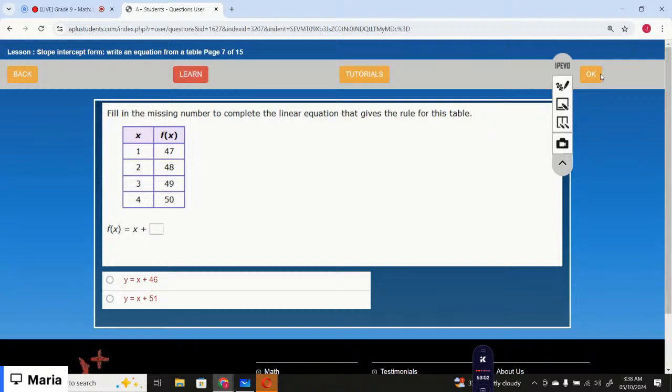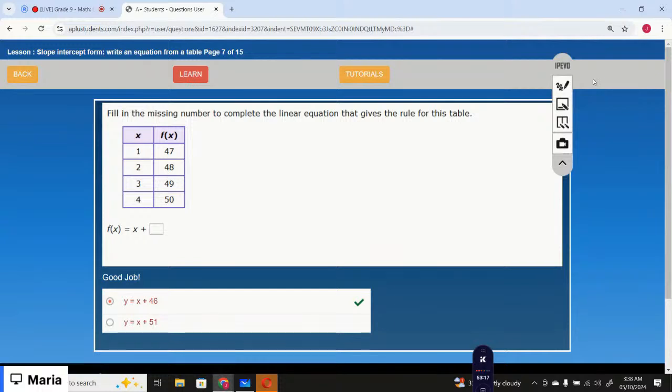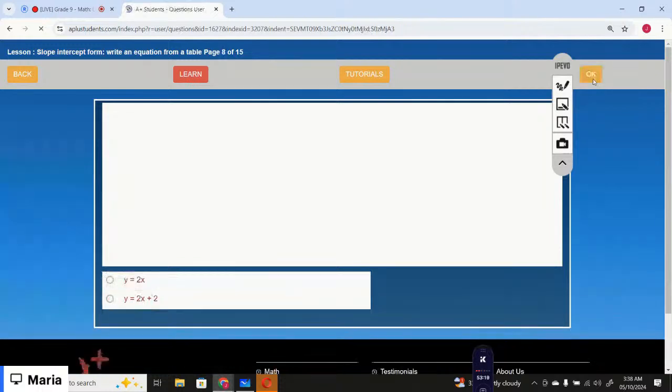That is option number 1. Y equals x plus 46 is the correct option.